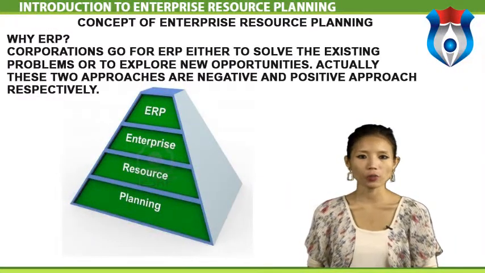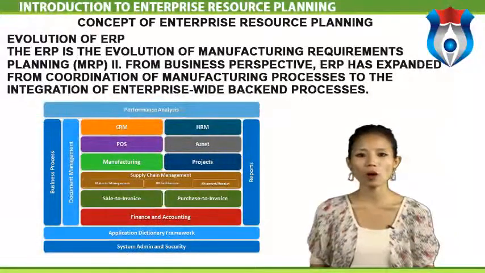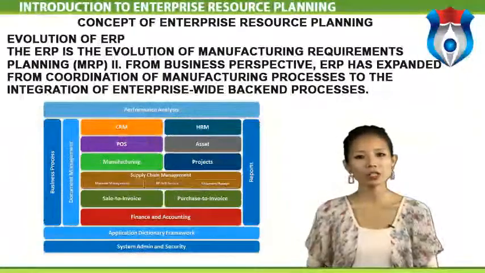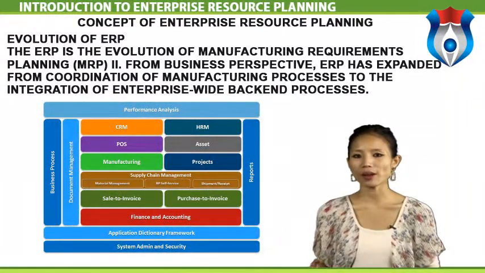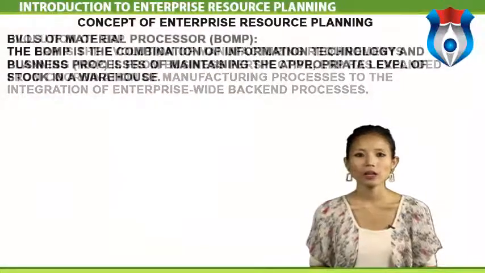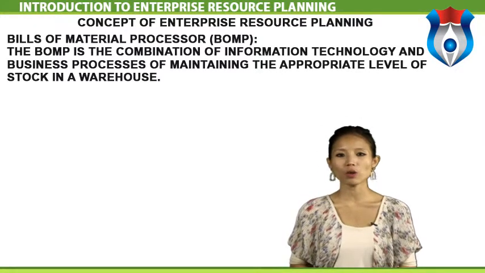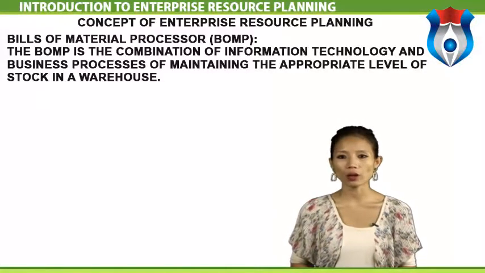information across the corporation. ERP is the evolution of Manufacturing Requirements Planning (MRP II). From a business perspective, ERP has expanded from coordination of manufacturing processes to the integration of enterprise-wide back-end processes. MRP is the combination of information technology and business processes of maintaining the appropriate level of stock in a warehouse.